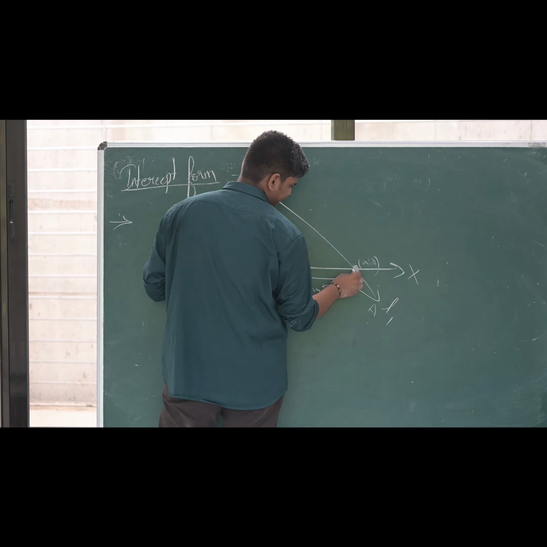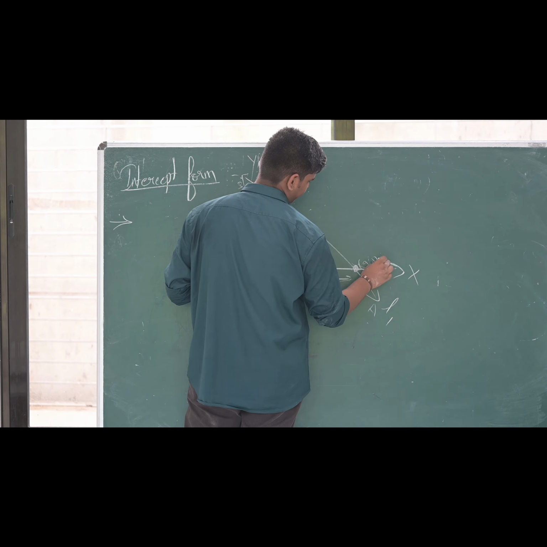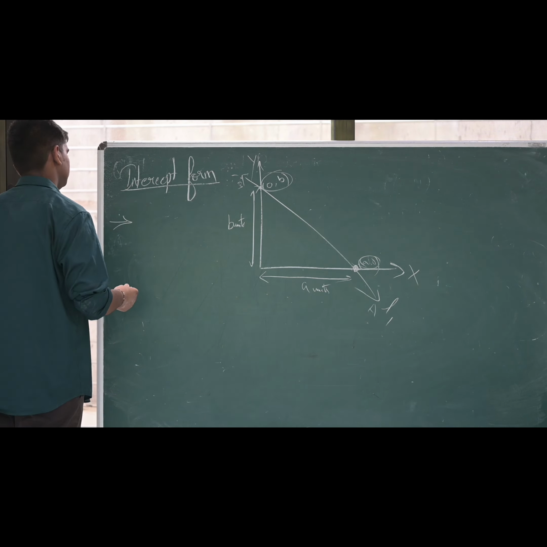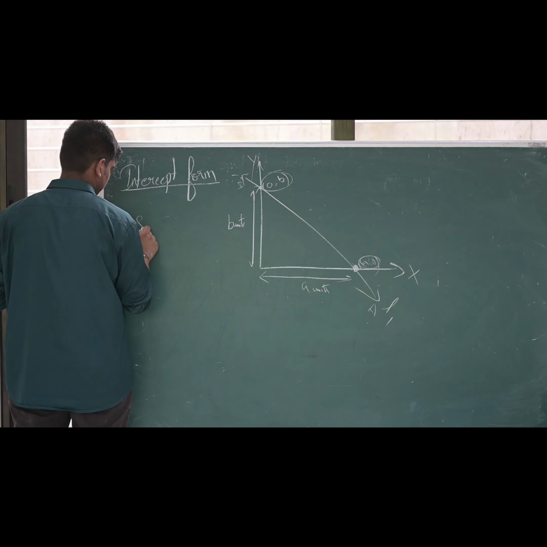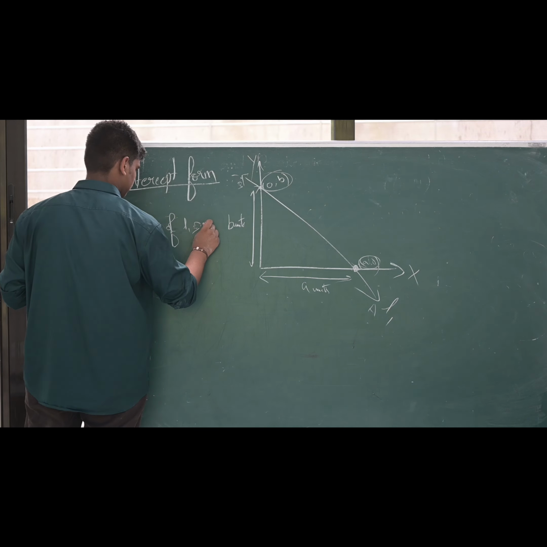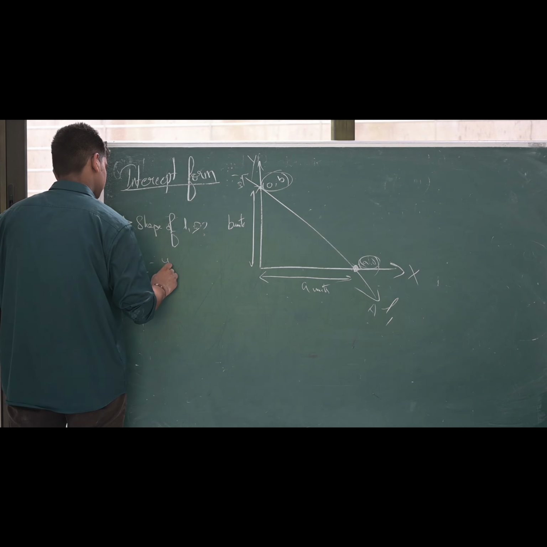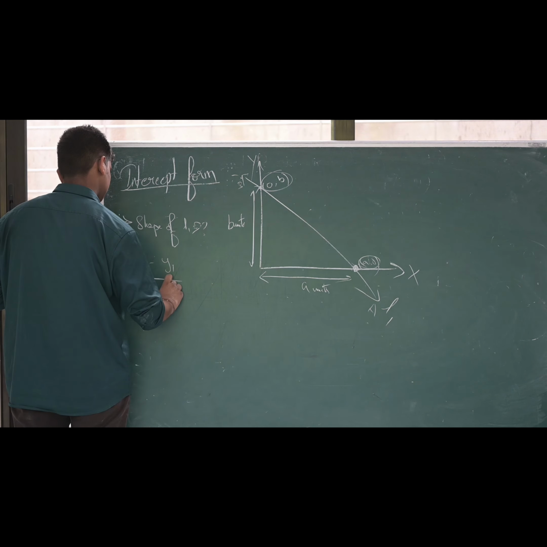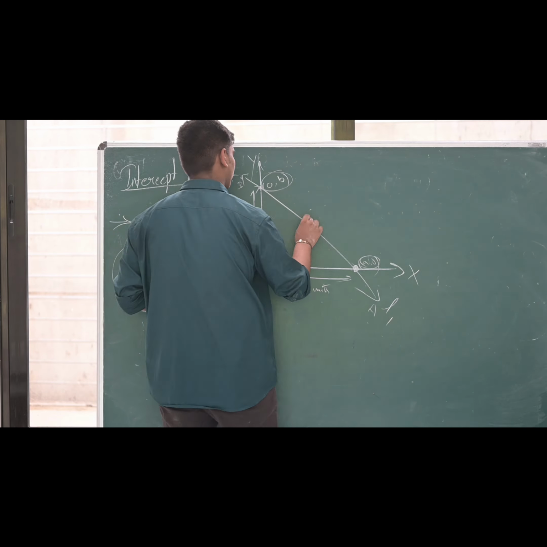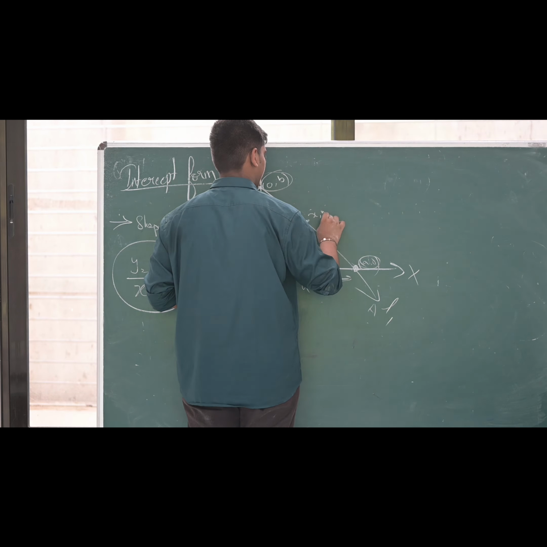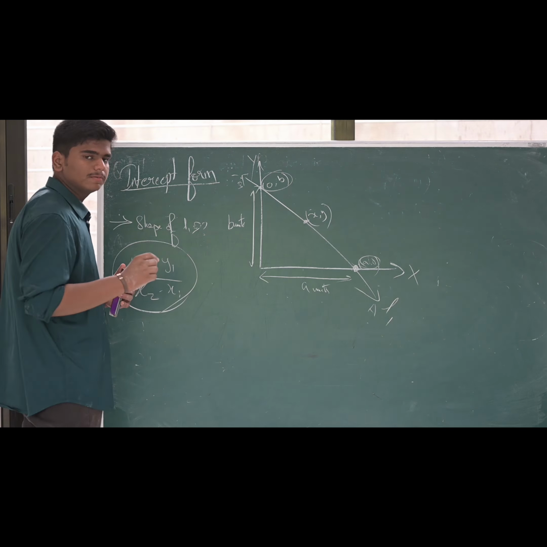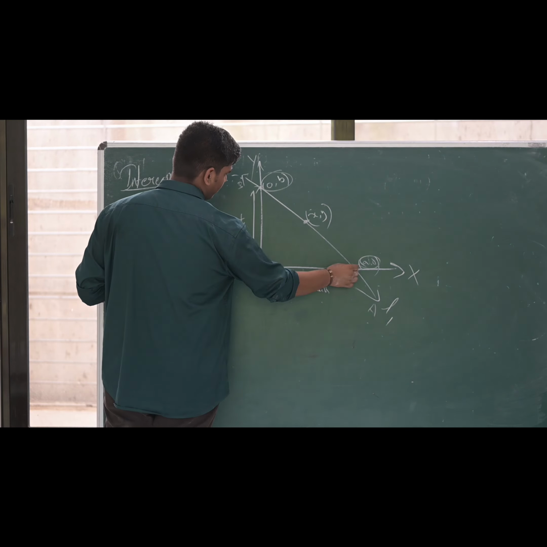If it passes at the x-axis at A, 0 and the y-axis at 0, B. Now, what will be the slope? Slope of L1 will be y2 minus y1 by x2 minus x1. Am I right? If there is a point x, y and they are asking to find the equation of this line, we are not aware of the slope, right? So we are going to use the 2-point slope form.